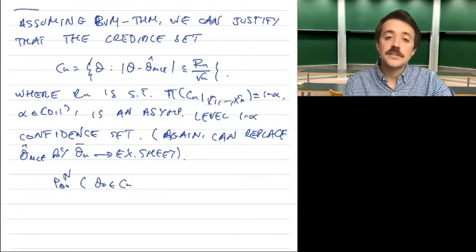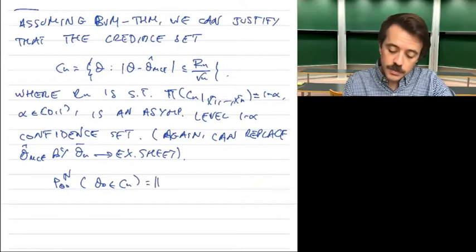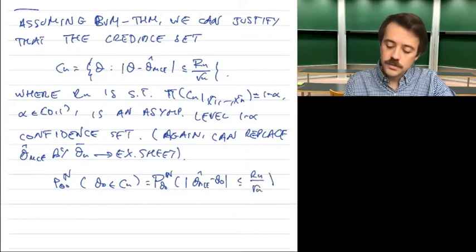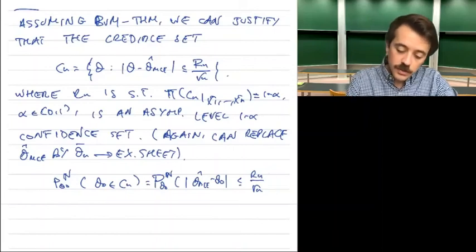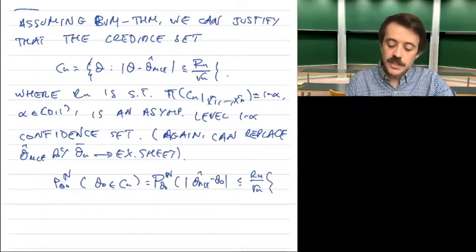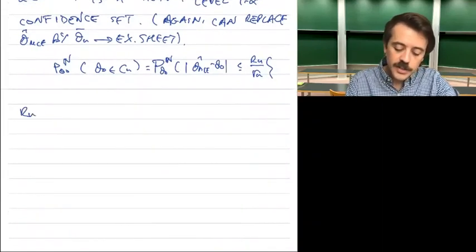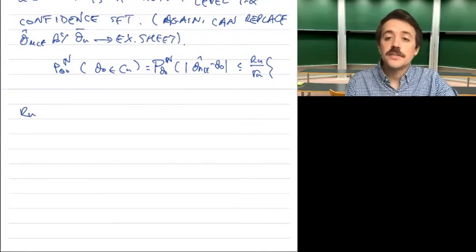And this is simply the same as the probability that the norm of theta MLE minus theta naught is less than or equal to Rn over square root of n. I remind you that Rn is really the key here.